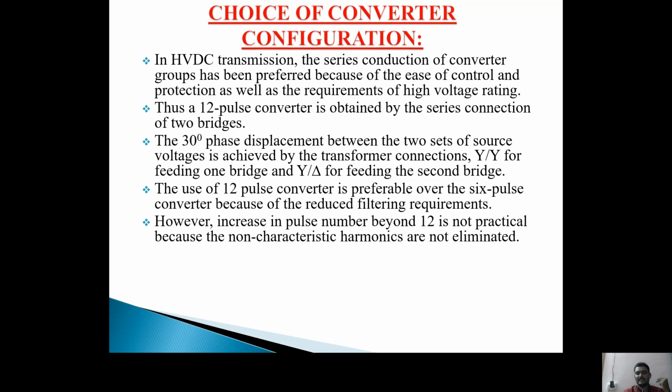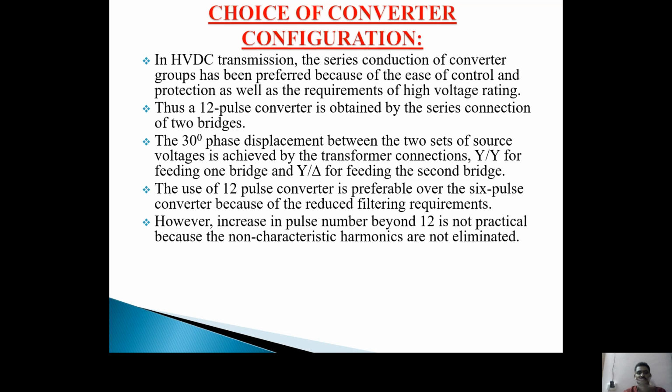If you want to form a 12 pulse bridge, we have to take two 6 pulse bridges with series connection. In that connection, one converter station is from the star to star transformer connection, and the other is from the star to delta connection.